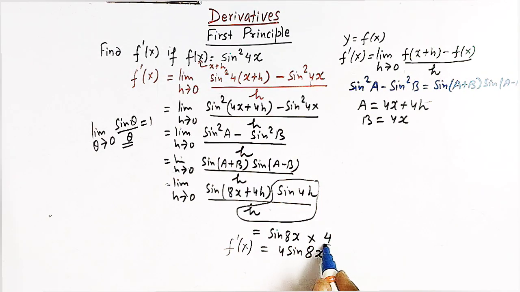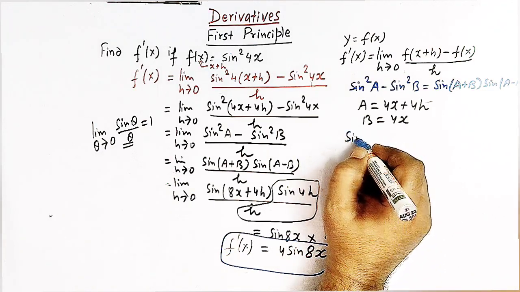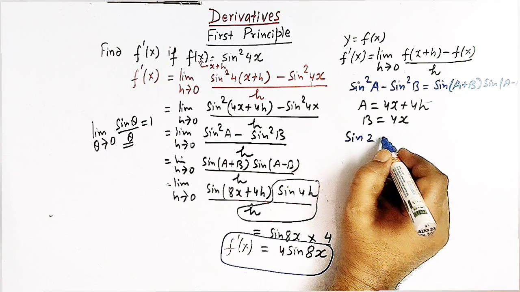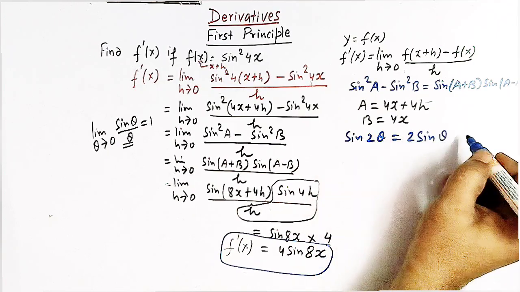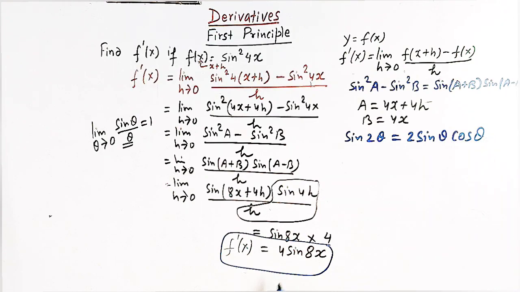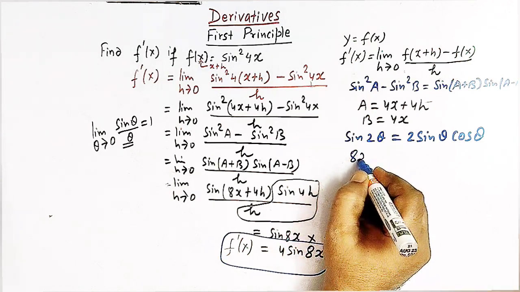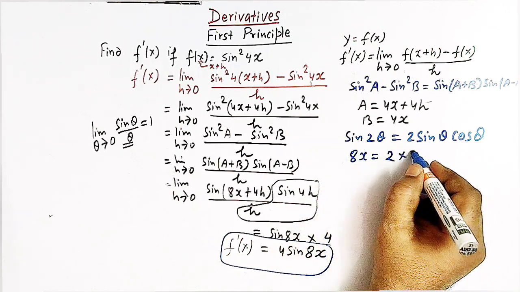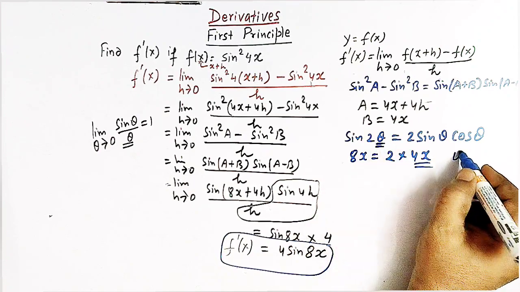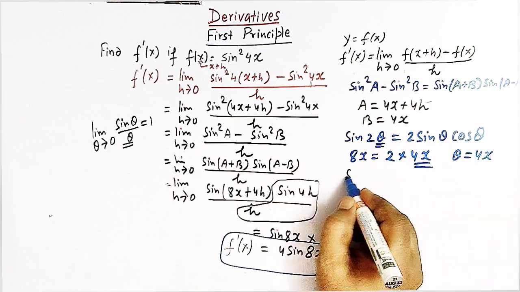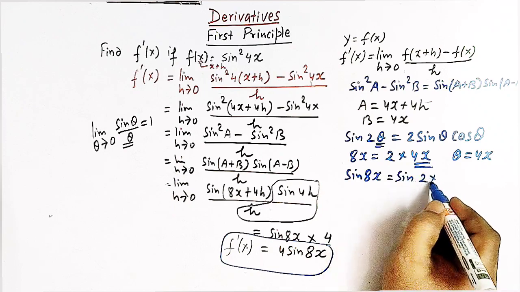So here we can also express this result by using this identity, that is sine 2 theta is equal to 2 sine theta cosine theta, right? So here we can take this 8x as 2 times 4x, so that our theta is equal to 4x. So sine 8x can be written as sine 2 times 4x.